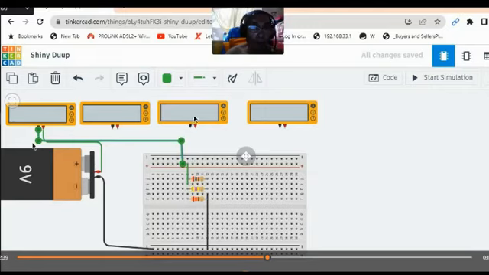This multimeter is for R2, which has 470 ohms. And lastly, this multimeter is for R3, which has a value of 220 ohms.